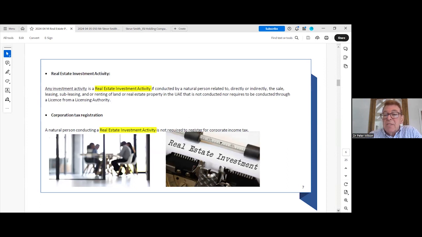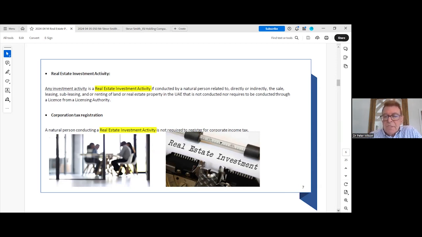But you can see that if you're deriving rental, that should fit very nicely into the definition of an investment activity because that is a lease. If you're deriving a gain from the sale of a property, that should fall very nicely into the sale.